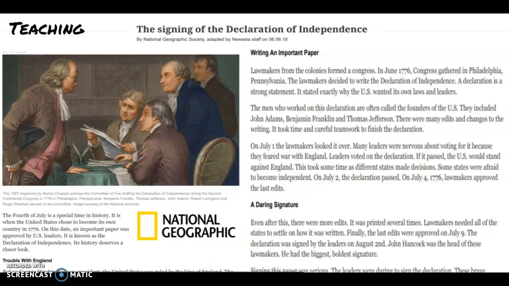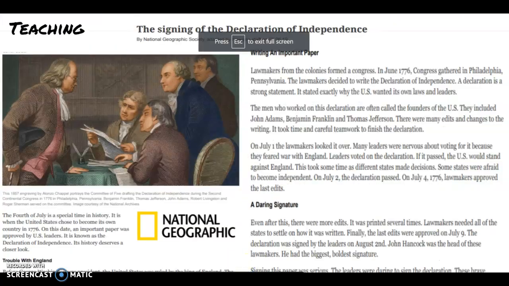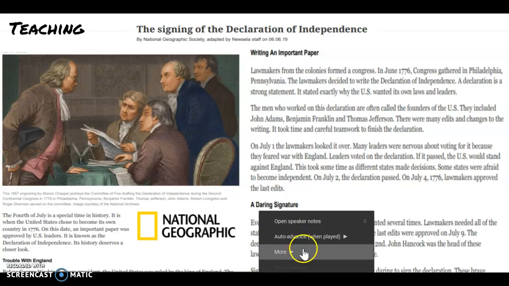So let's look at this text. And I think somewhere down here there's a highlighter. Nope, that wasn't it. Settings.